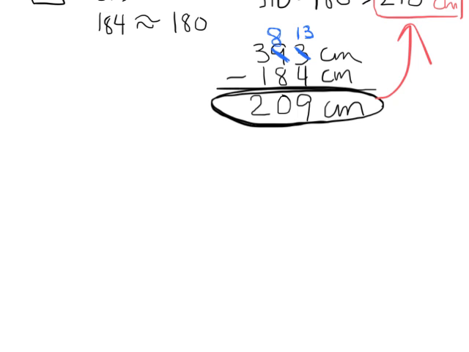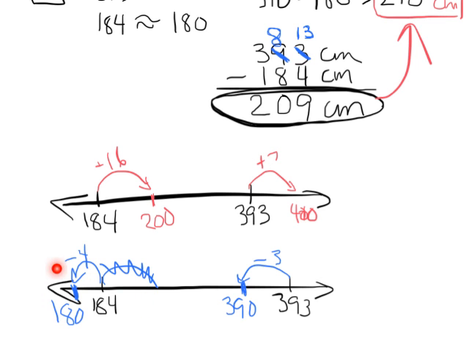And then 393 also got bumped down to 390. But here's the thing, it got bumped down by 3 and bumped down by 4. So in terms of the estimation, rounding to the nearest 10 meant the numbers were revised by small amounts, 4 and 3.